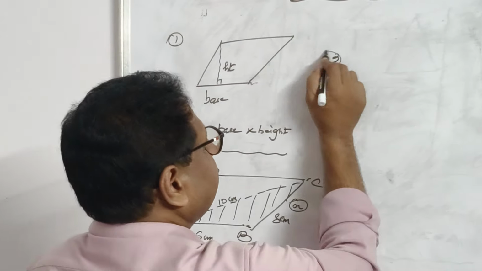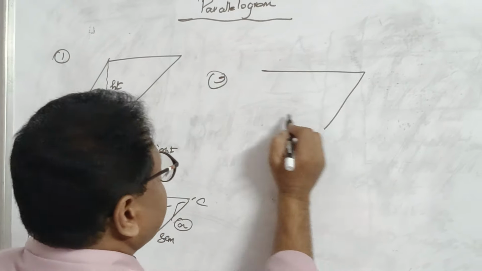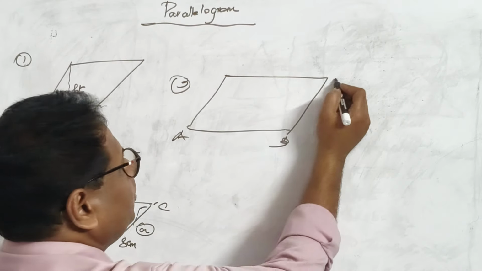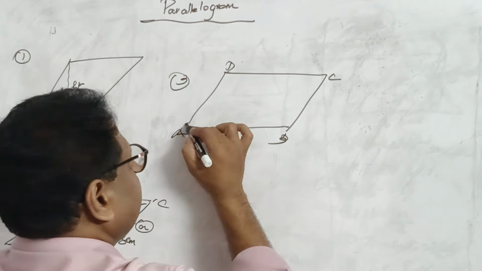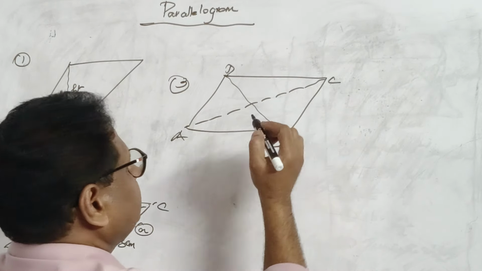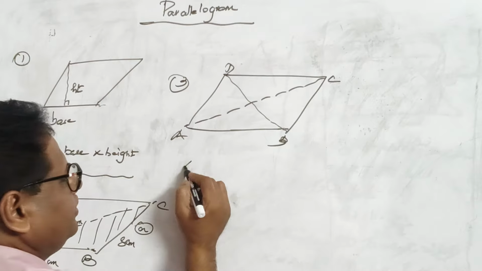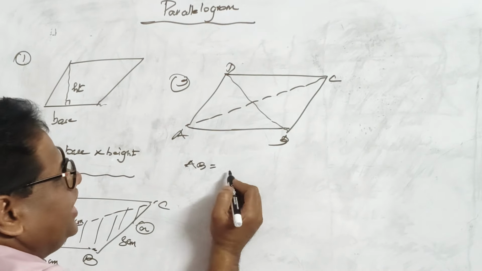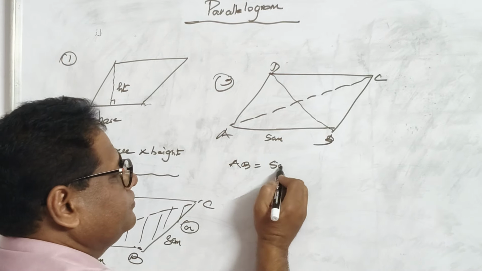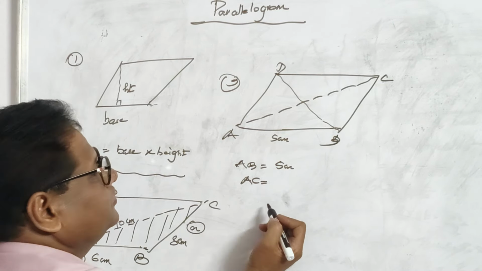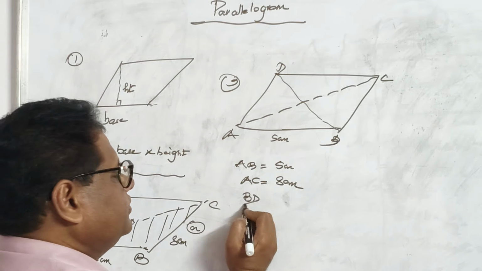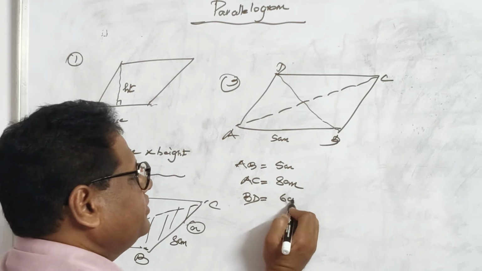Third, now we are going to discuss a parallelogram in which you are given two diagonals. Diagonal AC is given, diagonal BD is given, and one side AB is given. Let us take AB as 5 cm, AC 8 cm, BD 6 cm.